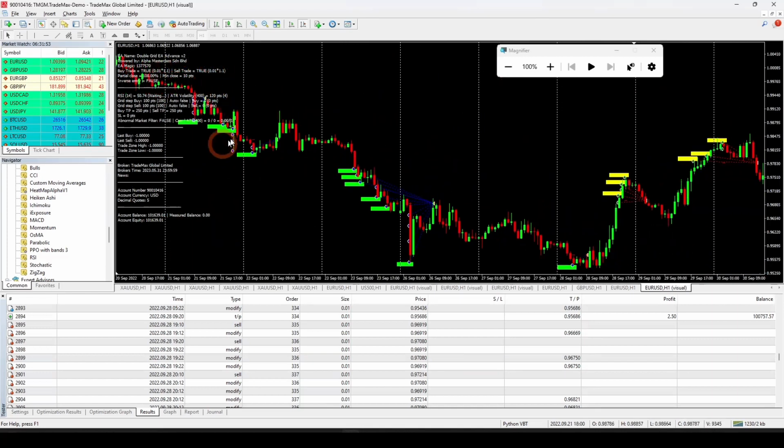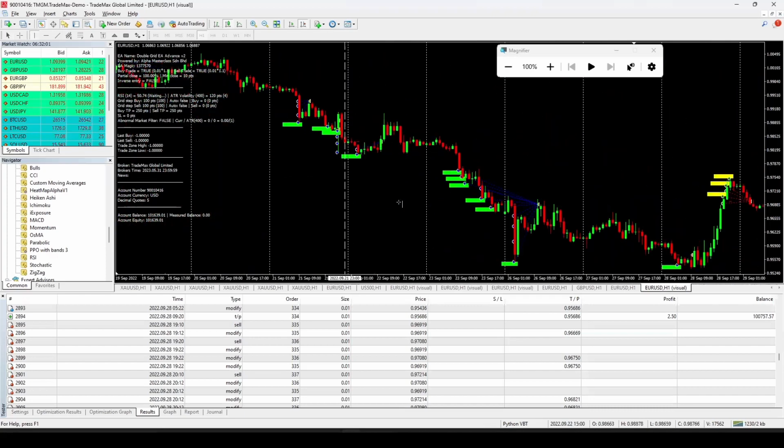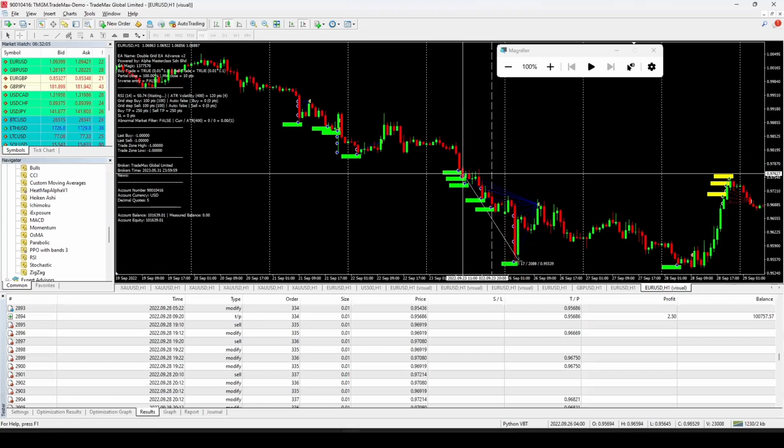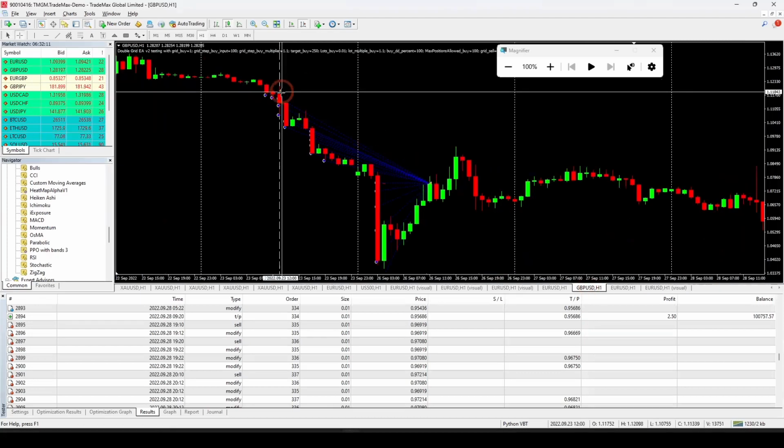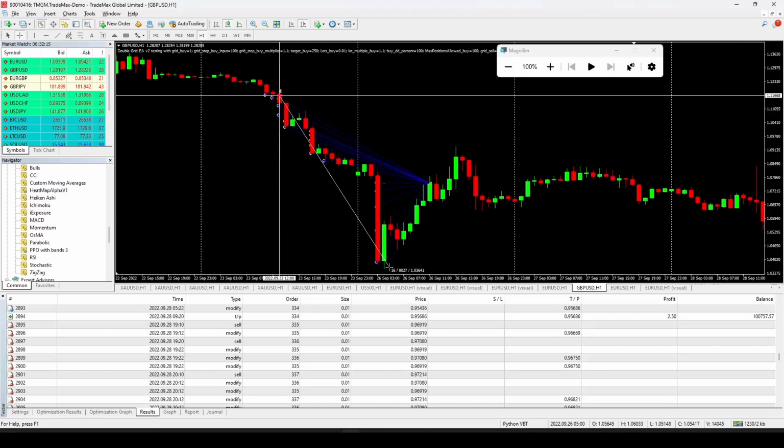How does Euro USD handle that? Here, how much of the drawdown here? Not much, right? It just has about 2,000 points of drawdown, compared to GBP USD, it has even deeper, 8,000 points of drawdown.